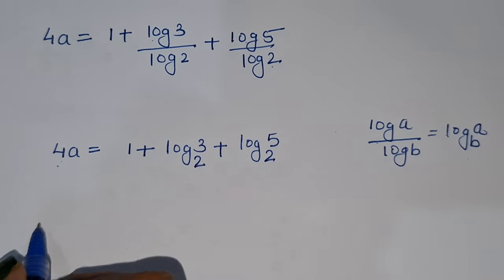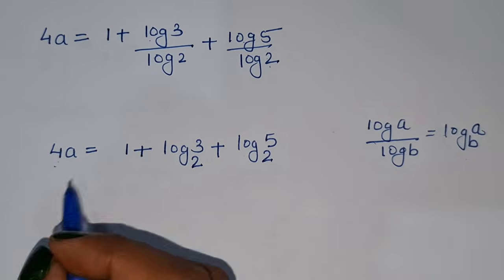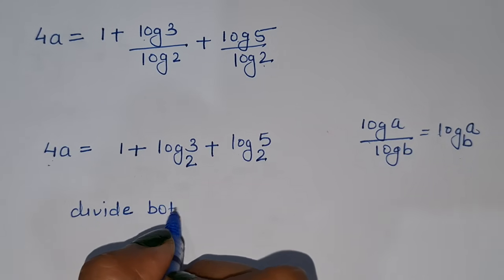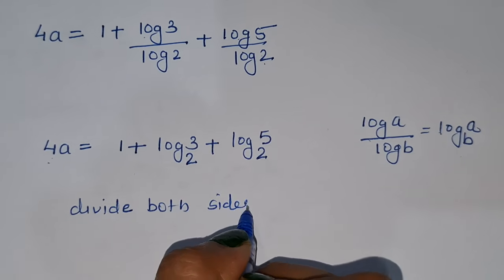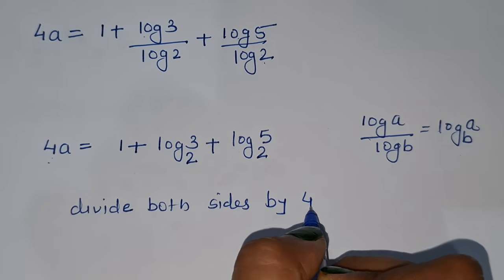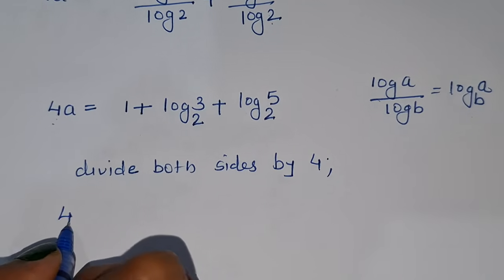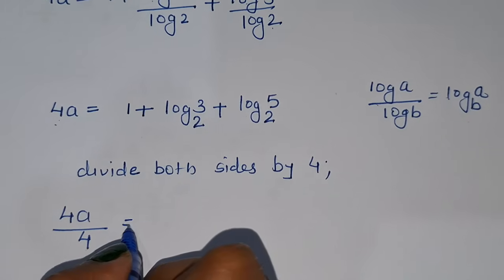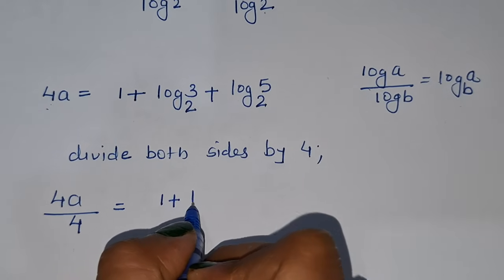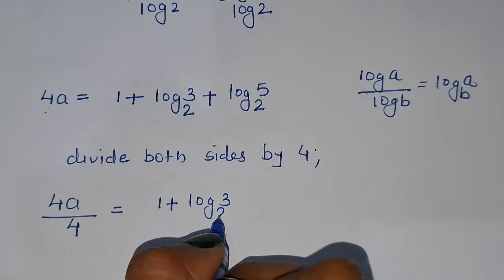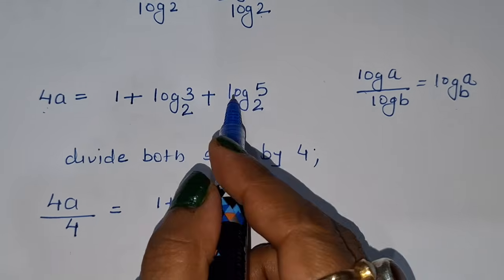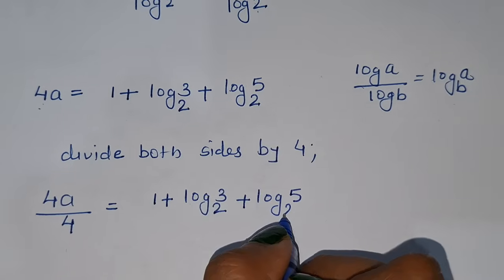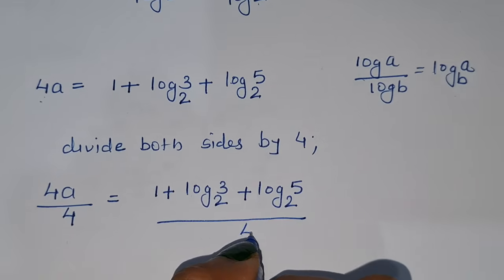So we can divide both sides by 4. We will get 4a divided by 4 is equal to 1 plus log of 3 to the base 2 plus log of 5 to the base 2 divided by 4.